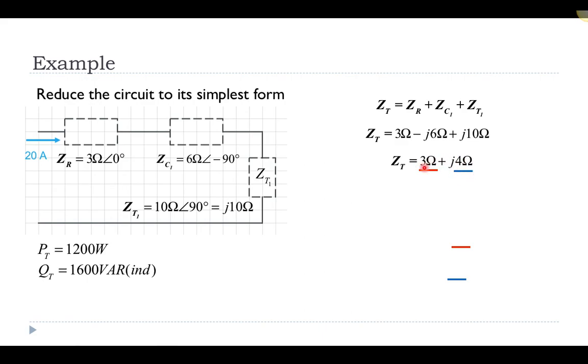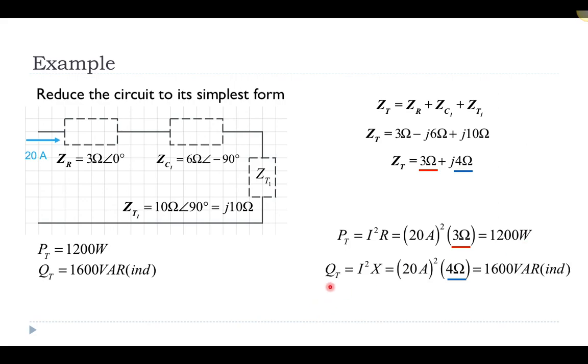Using these values, I can calculate the total power in the circuit by looking at the total impedance. The resistive piece gives me a real power of the current squared times the resistance. The current entering these 3 pieces connected in series is 20 amps, so 20 squared times 3 gives me 1,200 watts.